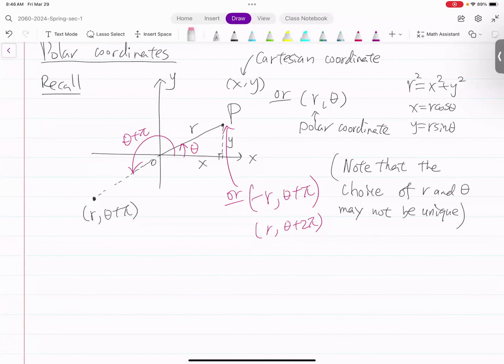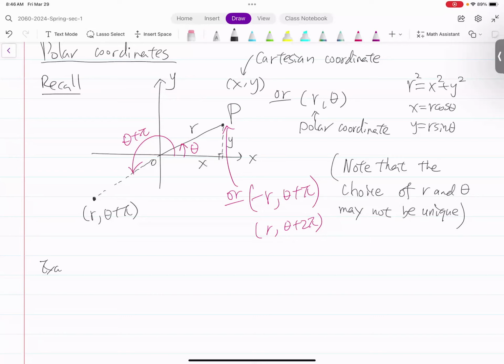Any questions so far? So the key here is one is the distance, the other is the rotation angle. And of course, for the angle theta, you want to pick a small enough range to cover every case without taking multiple possibilities.